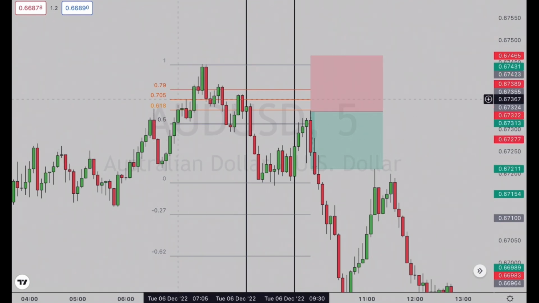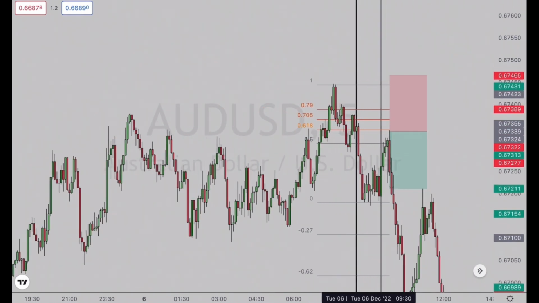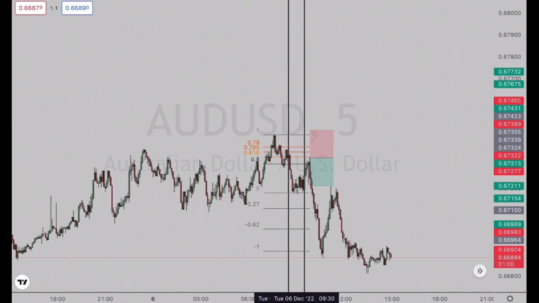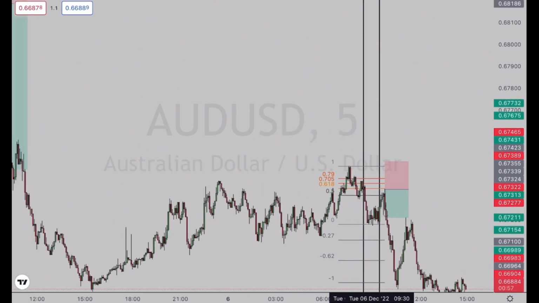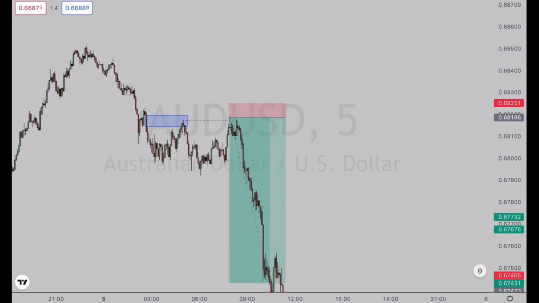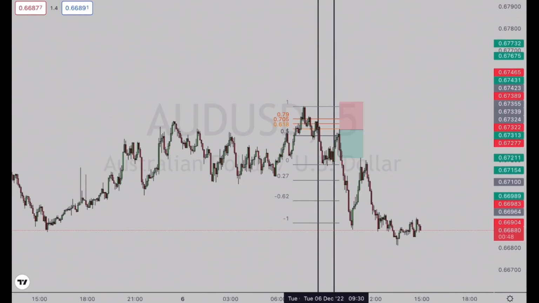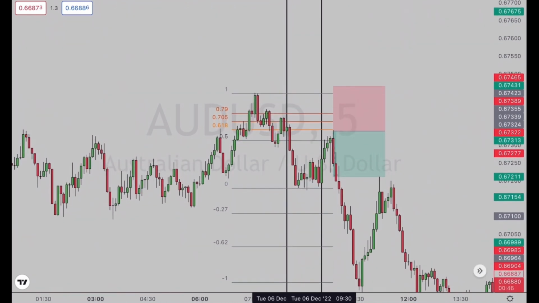I mean, this is an optimal trade entry also, but keep in mind that in this instance you are buying, not selling, and we are shorting here because our bias does not change until this high is broken. So until then our bias is bearish, meaning we are looking for shorts.